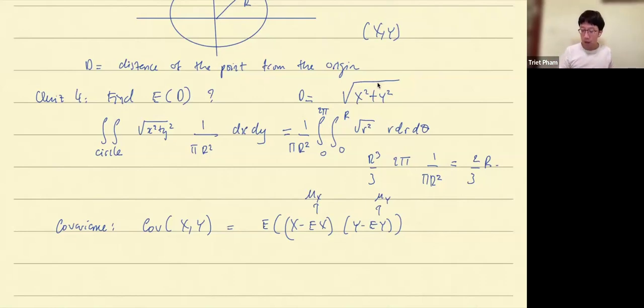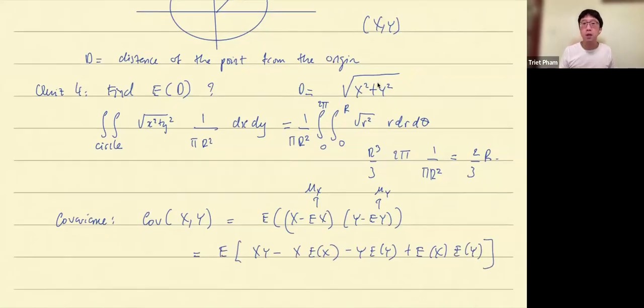On the other hand, if you distribute this in, this is XY minus X times the expectation of Y minus Y times the expectation of X plus the product of the expectations.